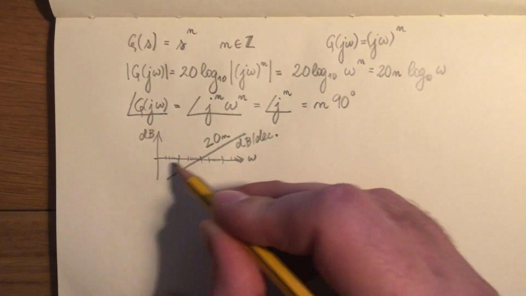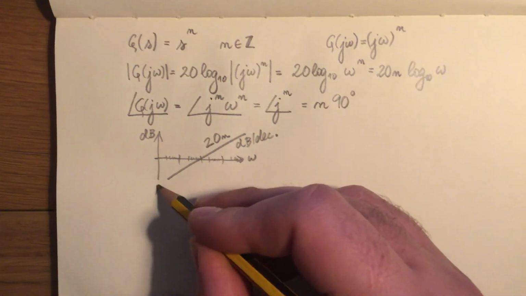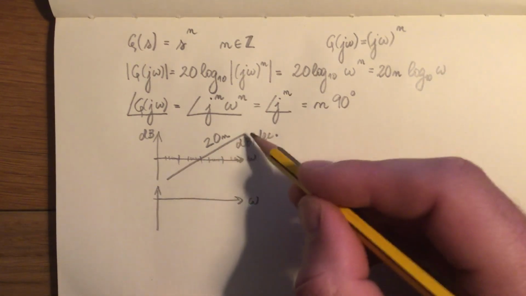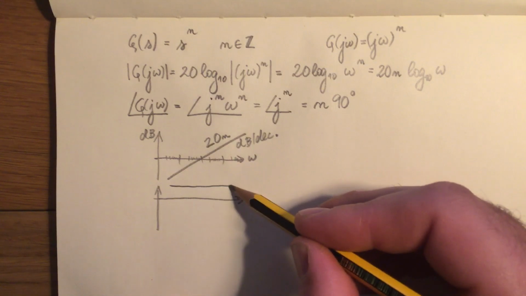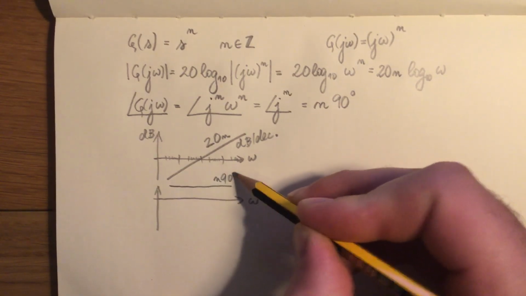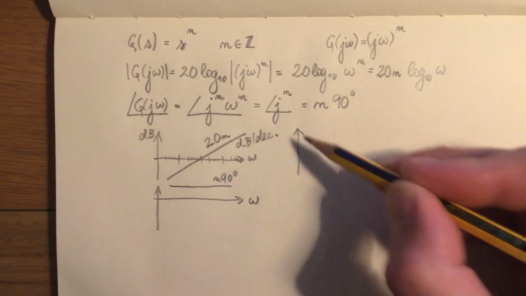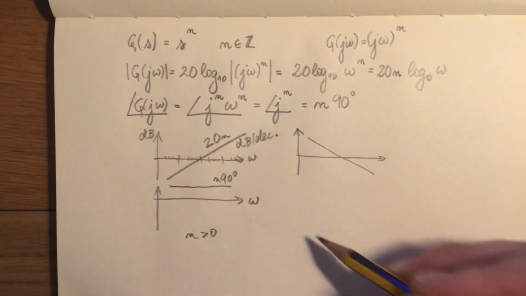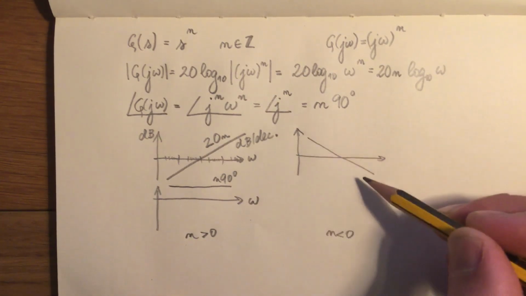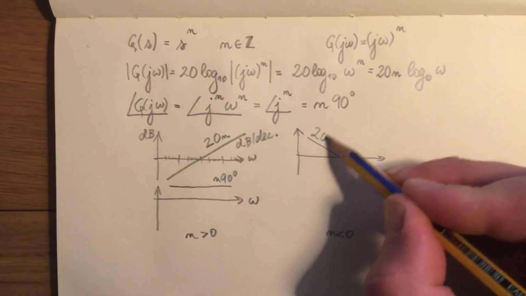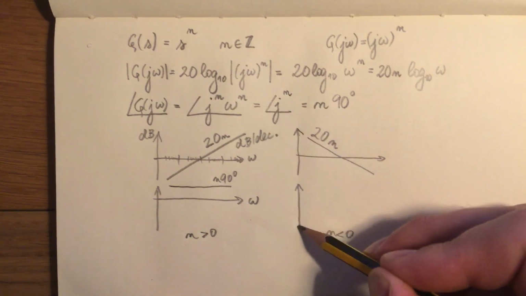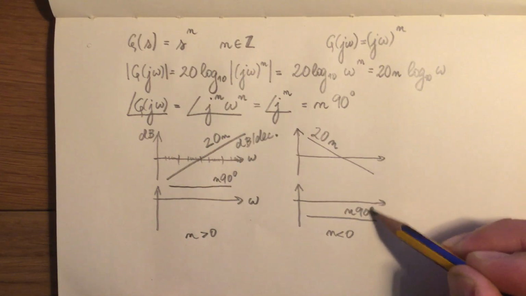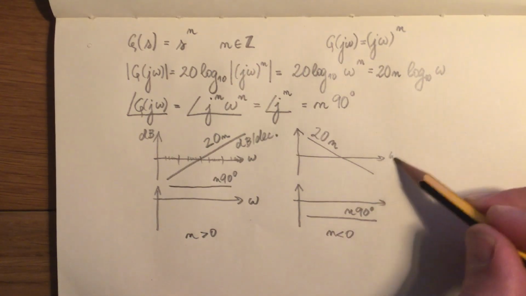The logarithm of base 10 of ω is what I have here in the x-axis. The phase, if n is positive, will also be positive and equal to n times 90 degrees. Of course, if n is negative, we will have the same thing, but with a negative slope here, 20n decibel per decade, and a negative phase here, n times 90 degrees.